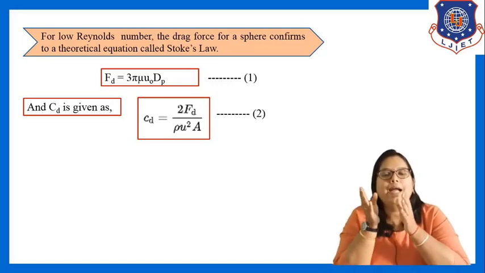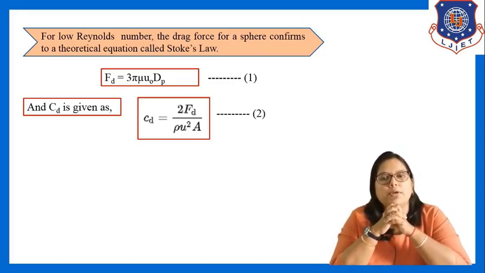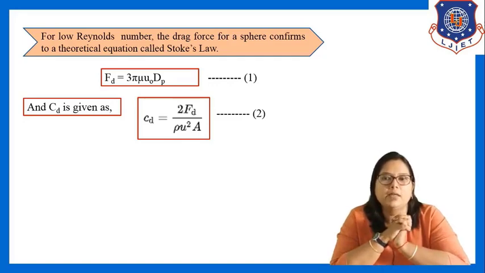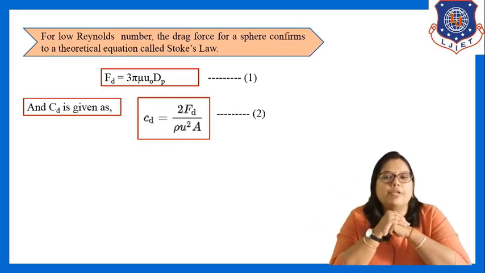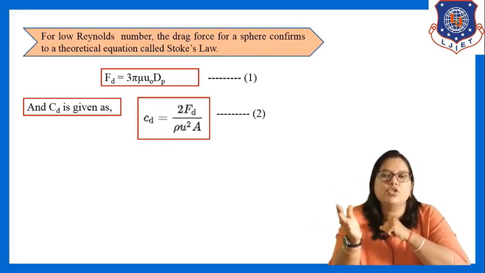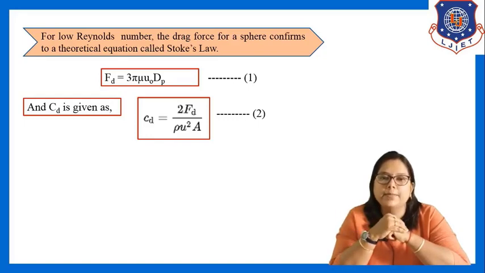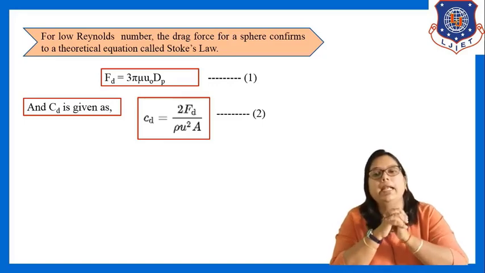Right. So for low Reynolds number and a sphere particle, Fd is given by the equation 3 pi mu u0 dp, and we have the equation of drag coefficient CD, which is equal to 2Fd upon rho u square A. Now we want the relation between CD and NRE.